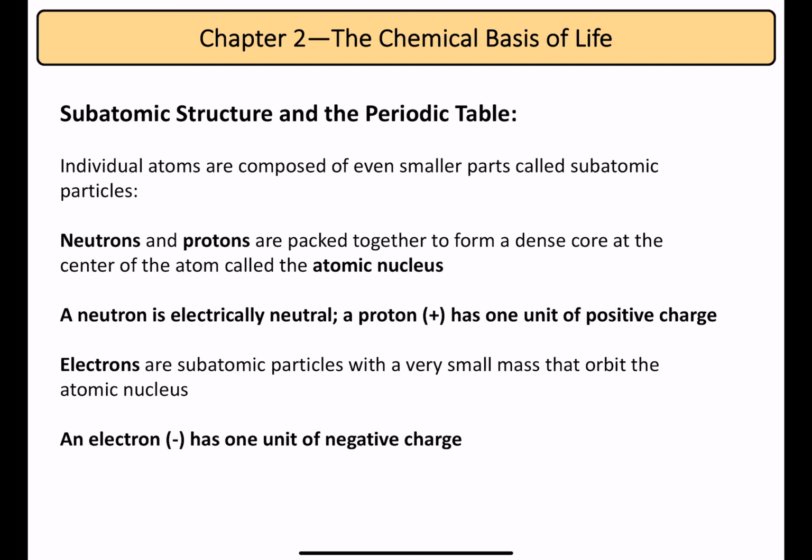The first 2, neutrons and protons, are at the core of the atom. And the neutrons and protons are together, and collectively they're referred to as the atomic nucleus. It's really heavy relative to the rest of the atom.